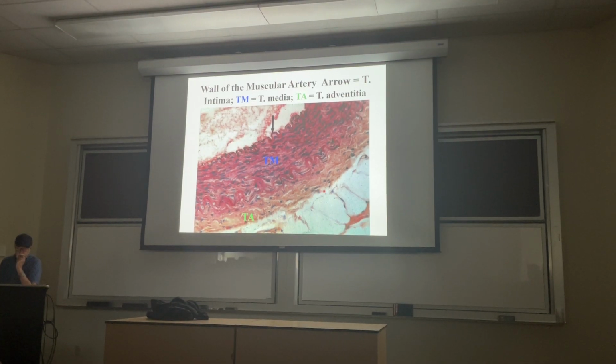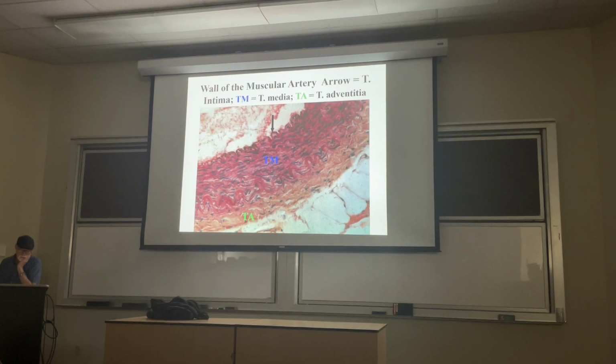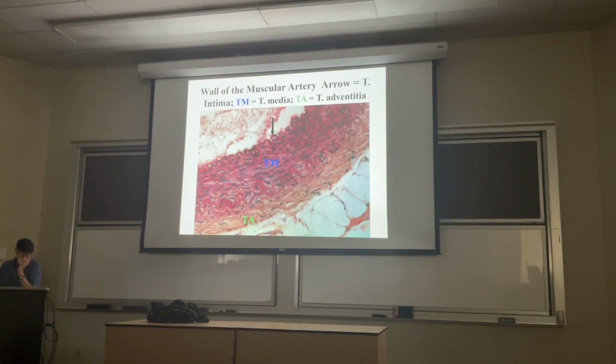Here's a muscular artery with just the H and E stain, and here we're seeing the endothelial cells of the tunica intima. Now, if you look here, I'm tracing the internal elastic lamina. That's that kind of reddish structure of this stain.